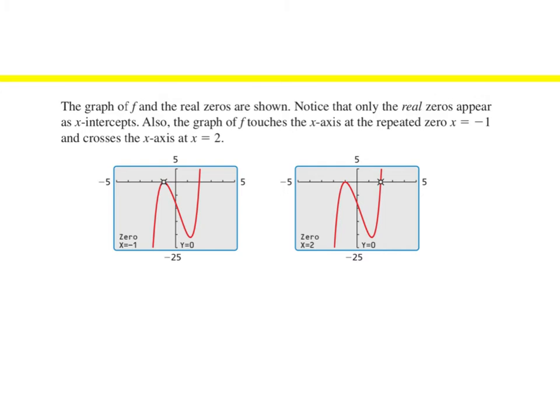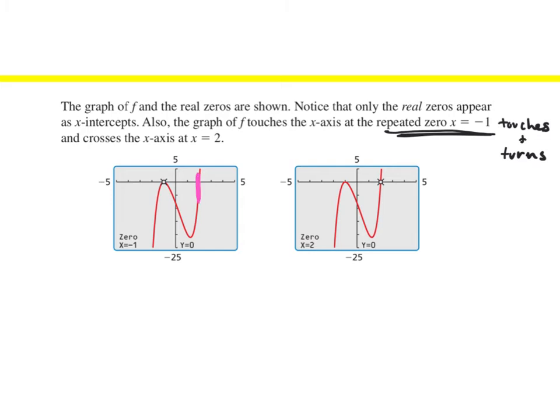So here we have the graph of f and the real zeros are shown. Notice that only the real zeros appear as x-intercepts. Also, the graph of f touches the x-axis at the repeated zero. Since our multiplicity was even, because we had 2 of them, it touches and turns at -1, and then it crosses at 2.